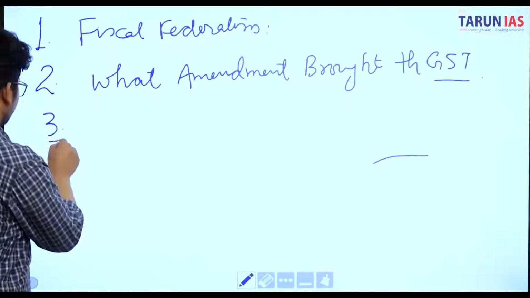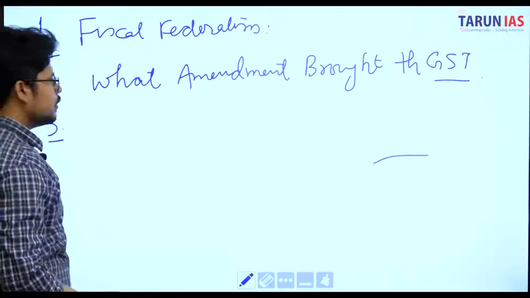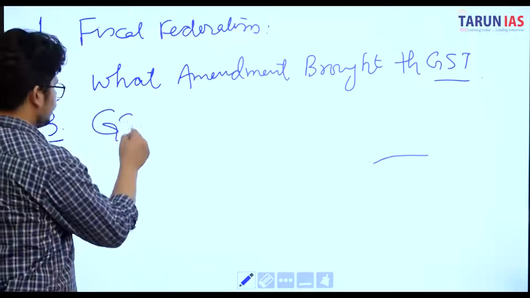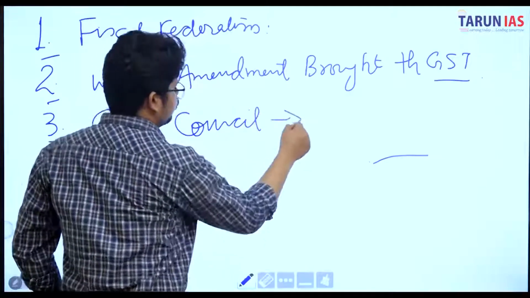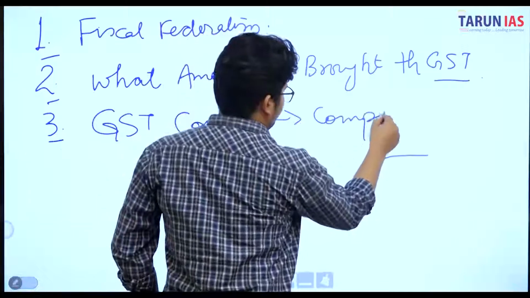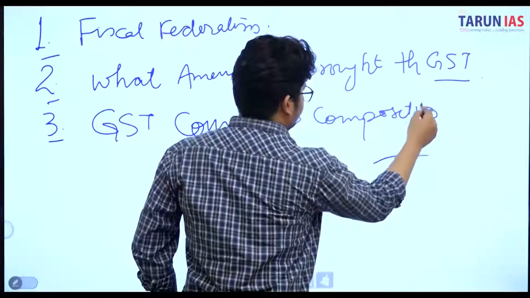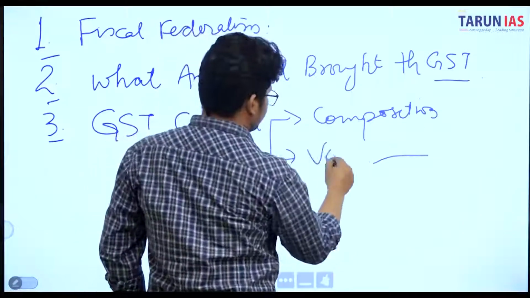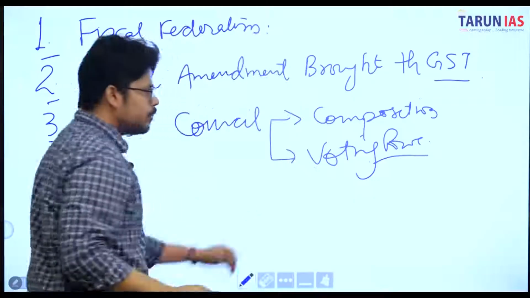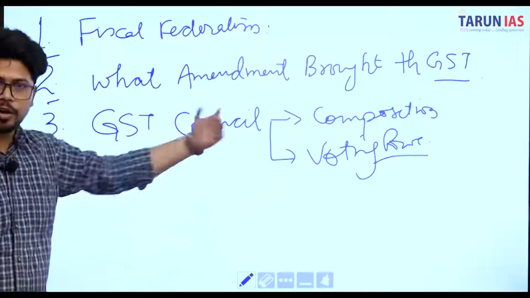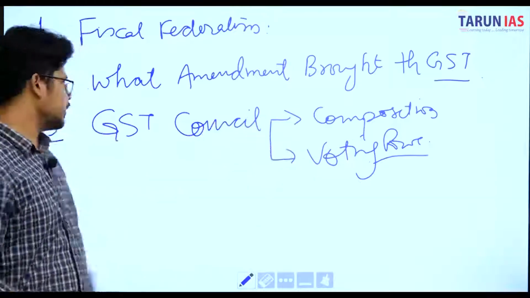Third is what is the GST Council? Its composition and voting powers, both of state and center, and the majority, which of course is 75%.